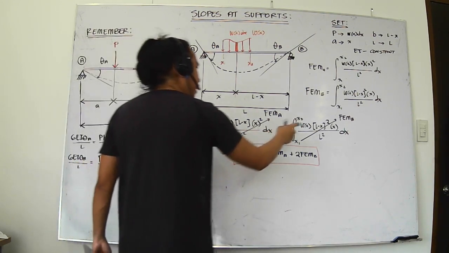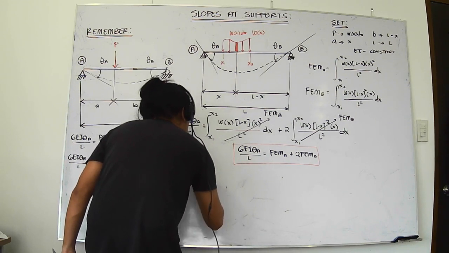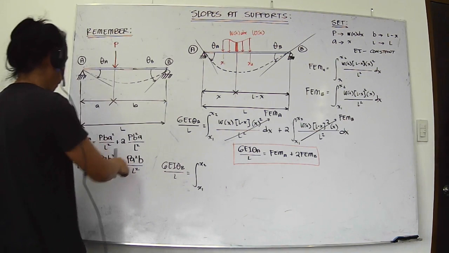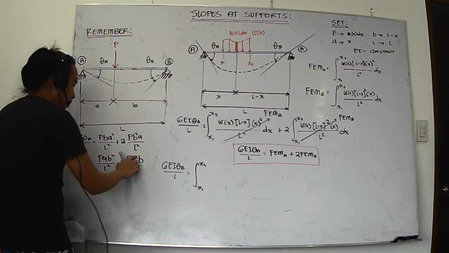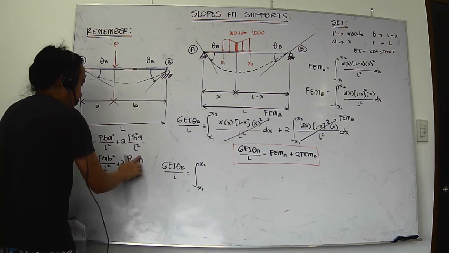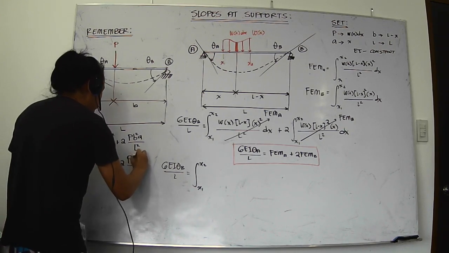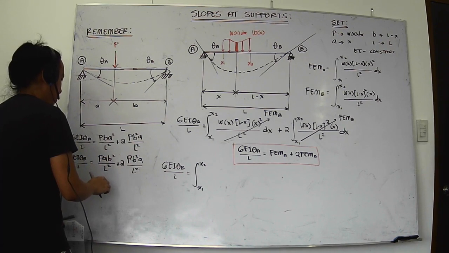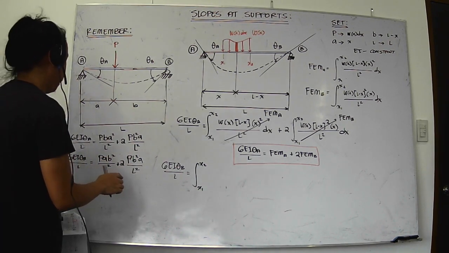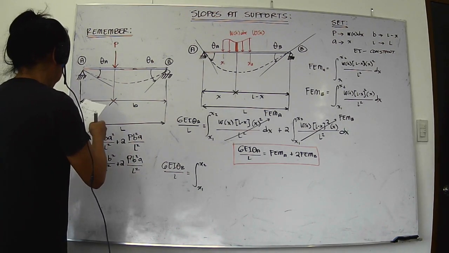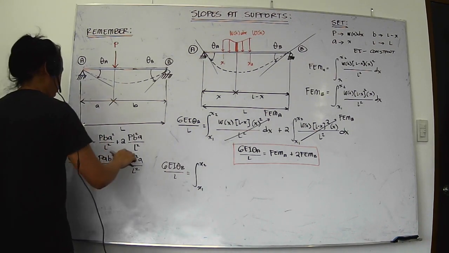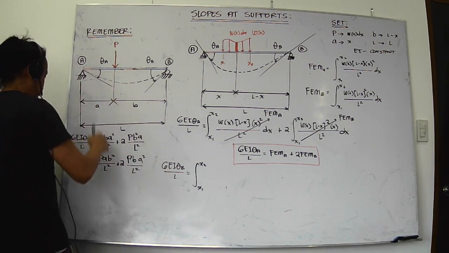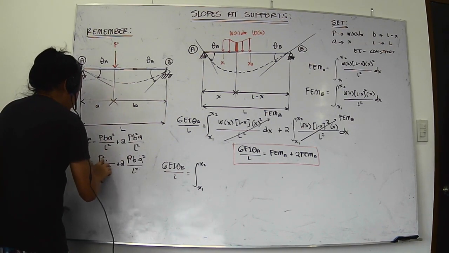We could just say this is x squared x1. Now, PAB, I will rearrange it. Change it to B squared A, then PA squared. This one is also B squared A. Okay, correct.